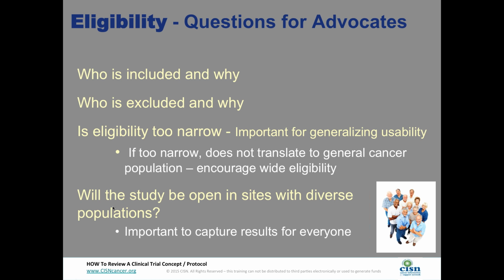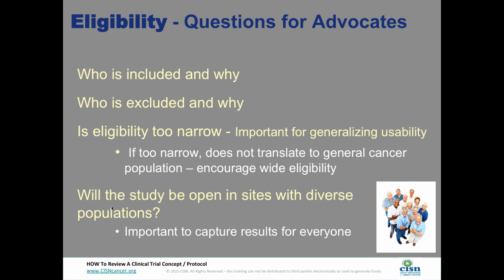We also can ask, will the study be open in sites with diverse populations? One of the groups I was with got dinged during the final review period by the NCI when they were submitting their next grant because of low diversity in their accrual. And I asked, have you ever overlaid a census map with the sites that you're opening with?